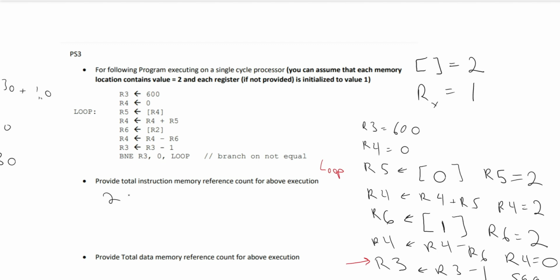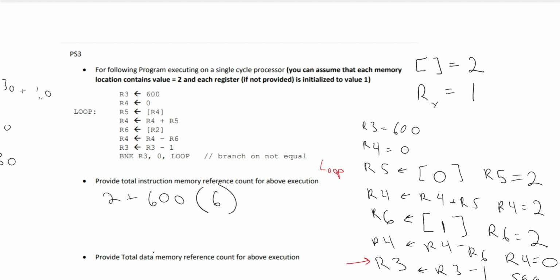So that's 2 plus 600 times, what was this, 1, 2, 3, 4, 5, 6? 600 times 6? Yeah, I think that's how many times these instructions will be run, right?